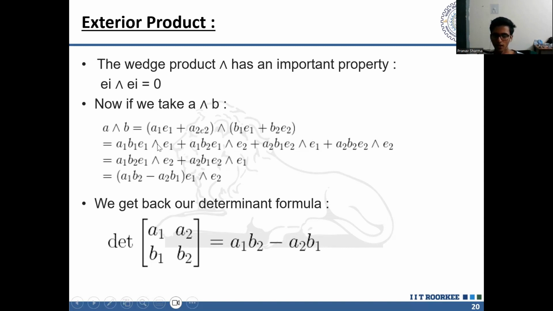And finally, what we get is (A1 B2 minus A2 B1) E1 wedge E2, which means in this basis we get this magnitude, and this can be tracked back to the determinant formula. The determinant of A1 A2 B1 B2 is equal to A1 B2 minus A2 B1. So you see how this determinant is derived from the exterior product.